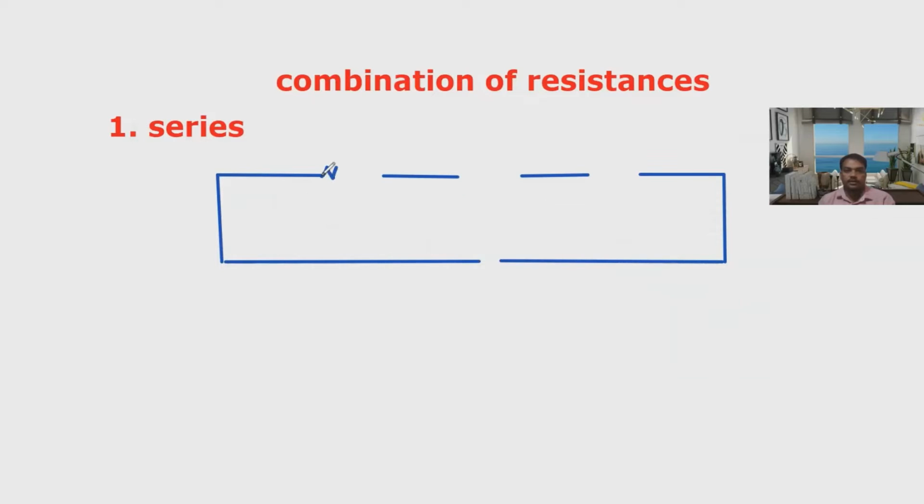Consider three resistors R1, R2 and R3 connected end on end, and that combination connected to the ends of a cell.